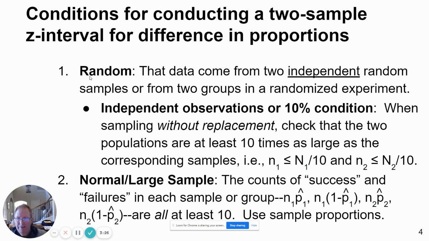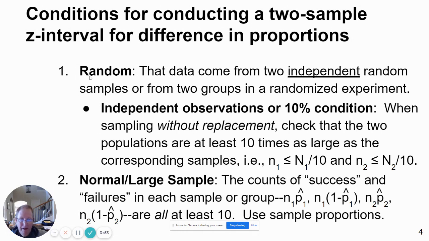Now let's talk about the last condition, and this condition applies only when doing a two-sample Z interval. So in this case, the counts of successes and failures in each sample or group are all at least 10. And we are going to use sample proportions, so we're going to be using p-hats to do this test.